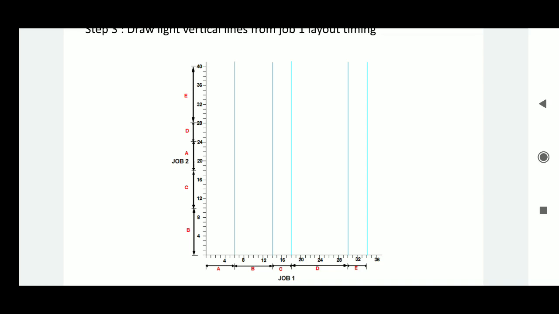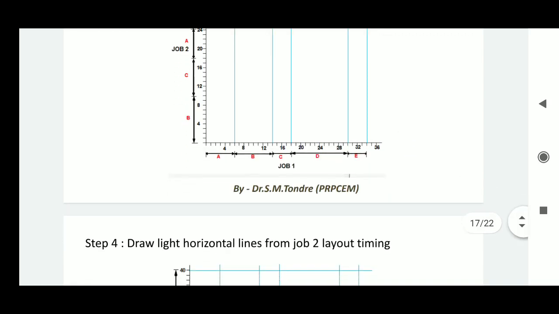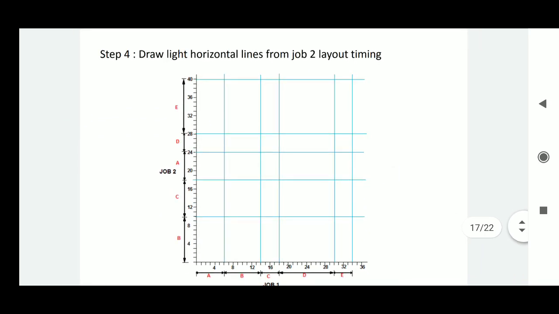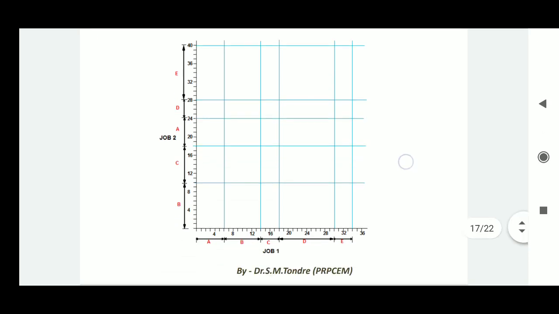Then the 8 hours are there, I think. After ending B, draw again a vertical line. Likewise make the vertical lines according to the layout. Now draw the horizontal lines as per the job 2 layout, the timing we have plotted on the y-axis, and make light horizontal lines.